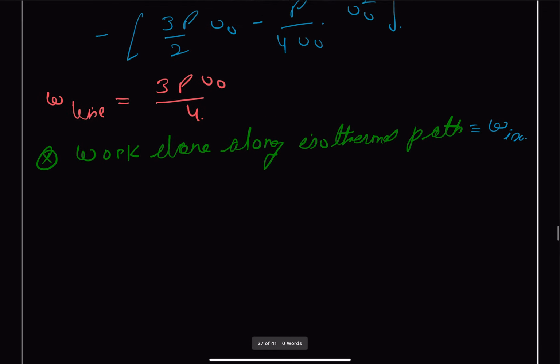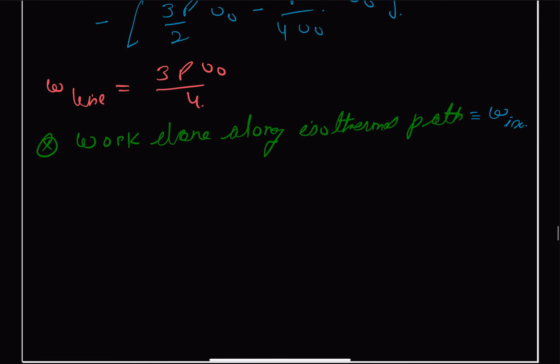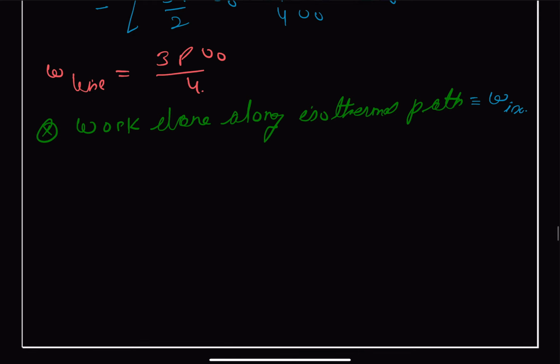So we can say that at states A and B, we can write PV equal to P naught times V naught, or let me write it as P naught just to differentiate.